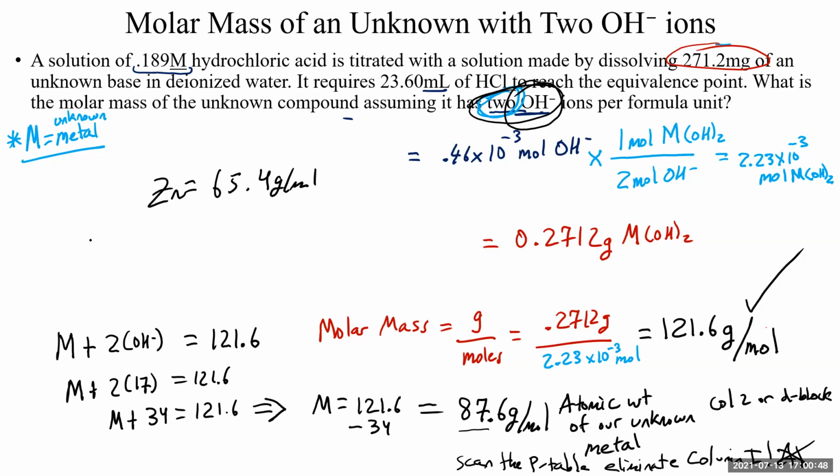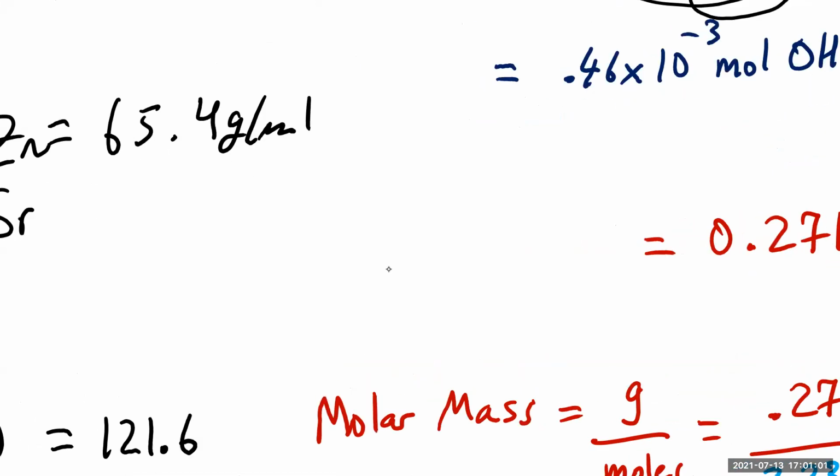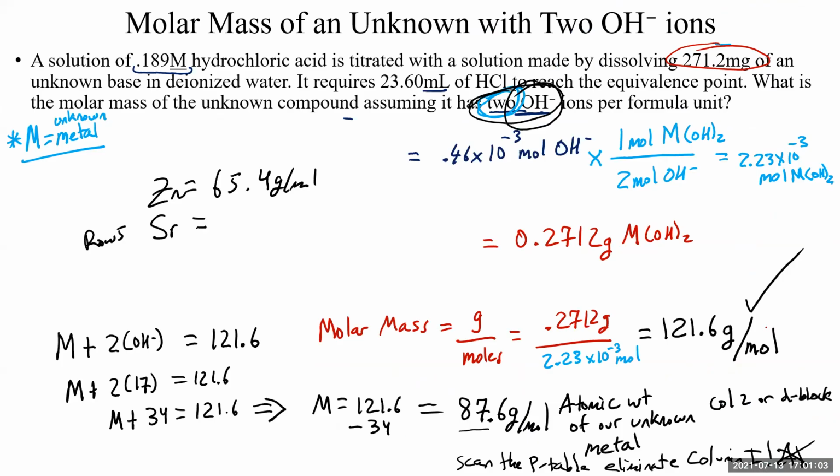Let's go to row 5. What do you know? Strontium, the very first column 2 element on row 5. Strontium equals 87.62 grams per mole. 87, that is not a coincidence.